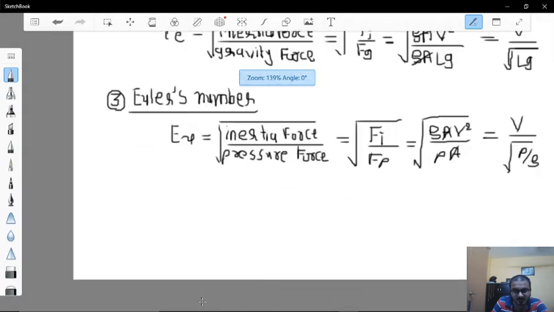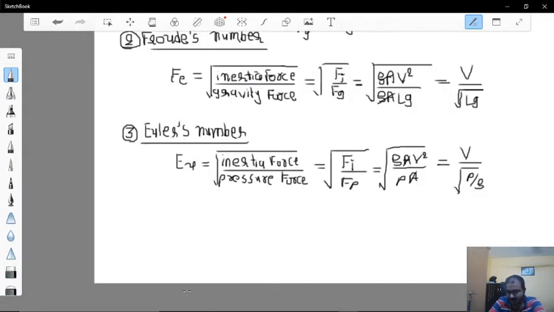Now let's move forward with our fourth number, that is Weber's number.